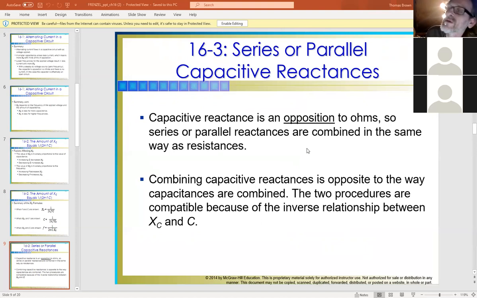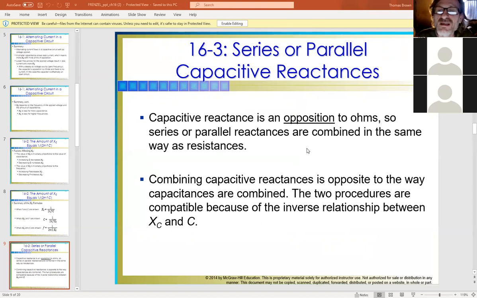Now, I know when we were doing the homework and the labs, like the Thursday lab, the way we did capacitances in series and parallel configurations was the opposite of what we do with resistors typically. Now, remember, that's just for capacitive value.